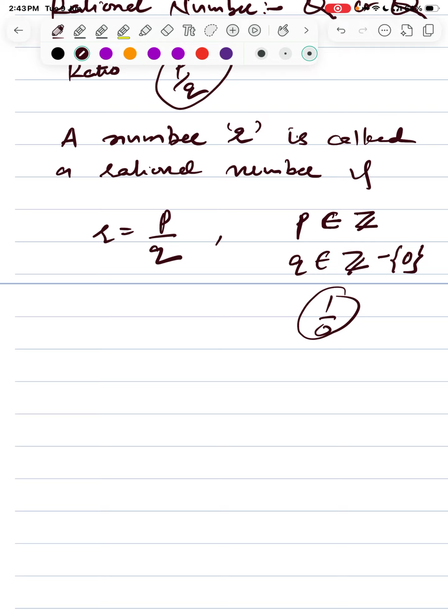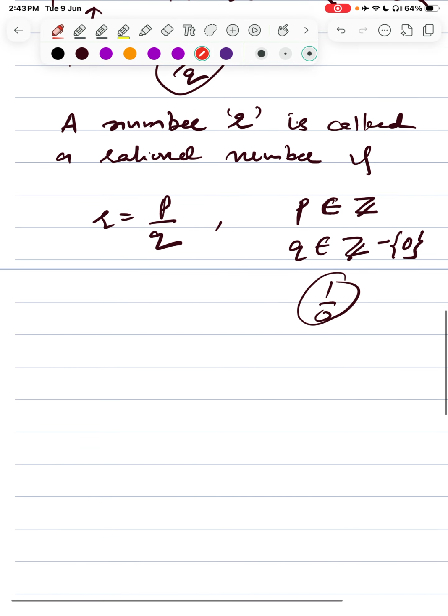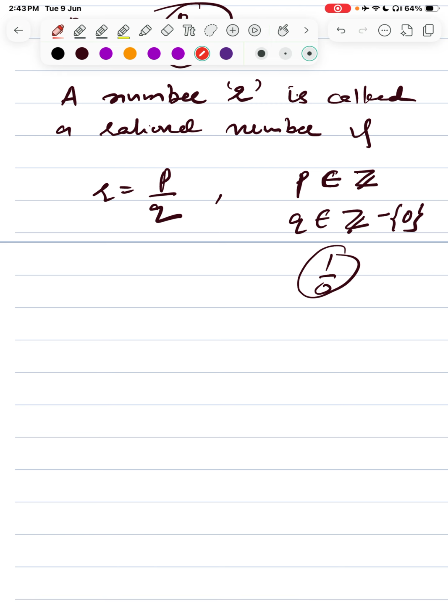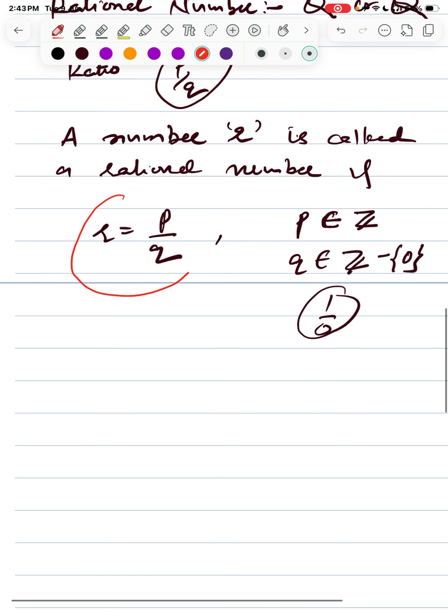This number must belong to some set, from which you are taking p and q. So q can be any integer but not 0. This is one thing you must keep in mind: any rational number can be written in this form. Is it clear to you?